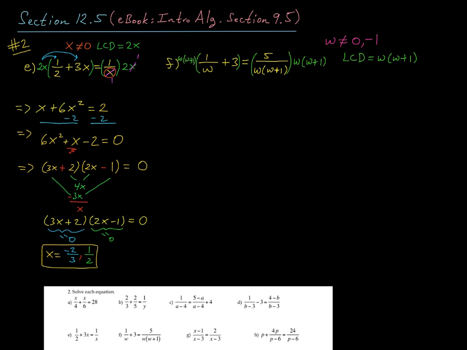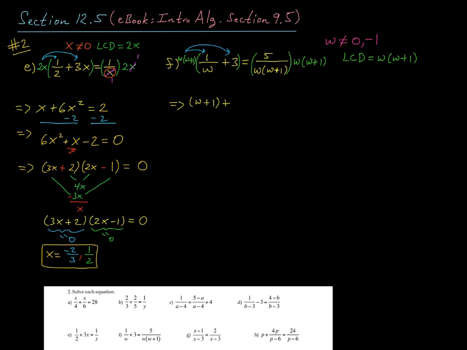And now I'm going to go ahead on the left and distribute. So there we're going to get what? Well, W times W plus 1 times 1 over W, we're going to lose the W, and I'm going to be left with a W plus 1.